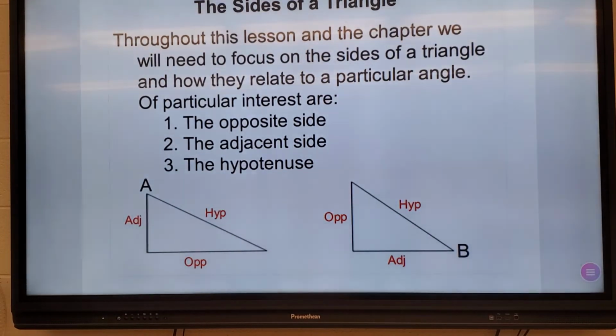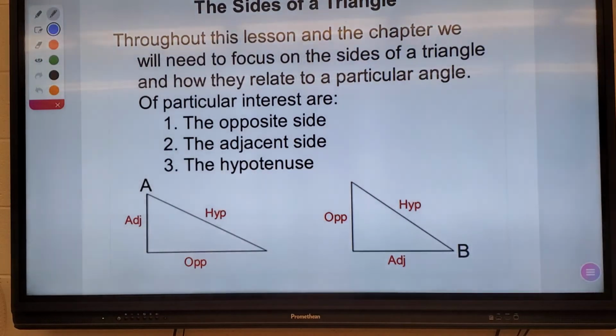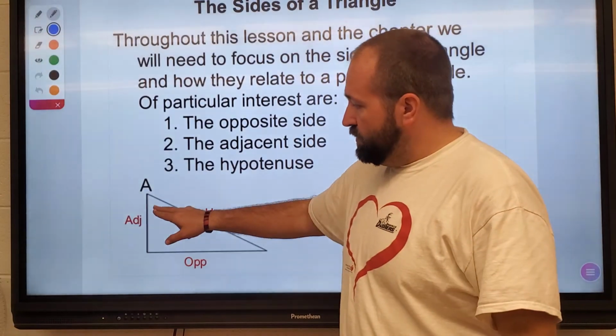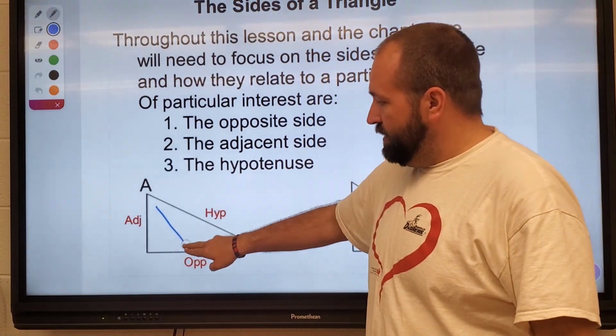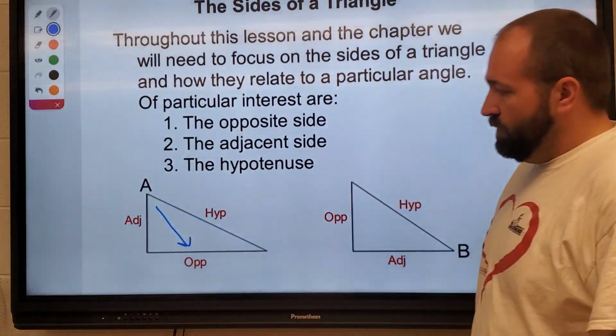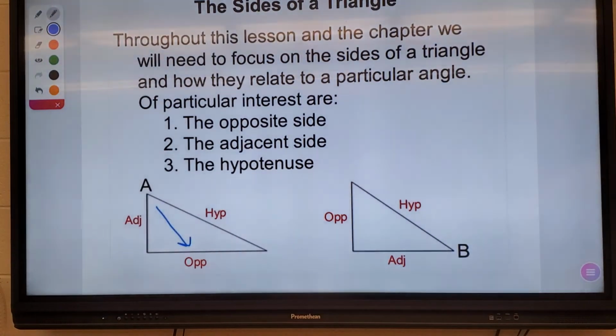If you look at the left-hand triangle there, I'm saying we're going to use angle A. And you'll find me a lot of times, if I say to use angle A, I'll start with angle A and draw a line and an arrow. That just tells me every time which one is my opposite side, and I'm going to write OPP next to that.